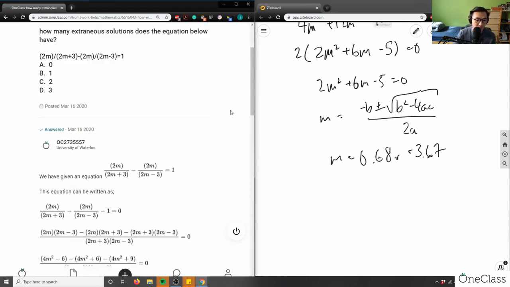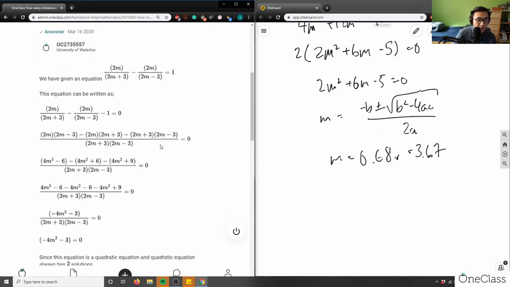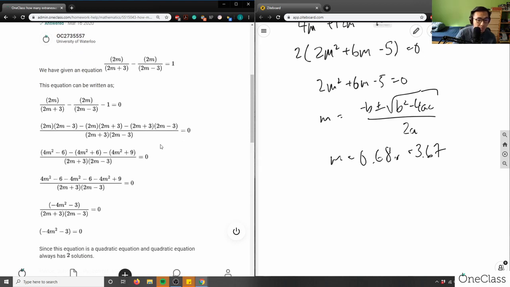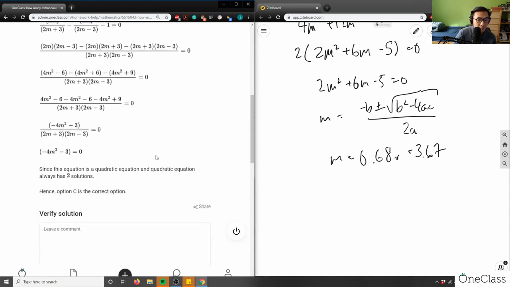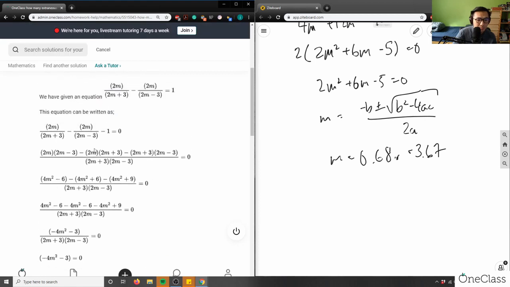So let's look at this function here. They rewrote this in terms of, they moved the 1 to the other side first, and then they did the denominator, which is fine. And then they moved it to the other side, and they used the lowest common denominator.